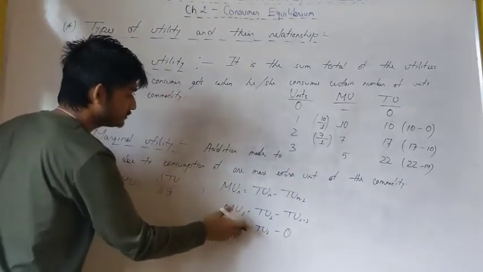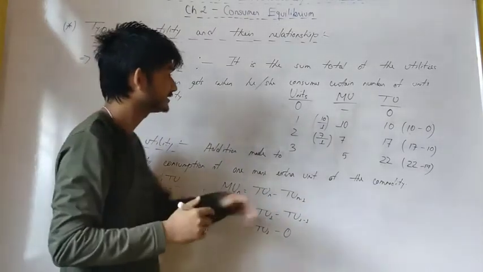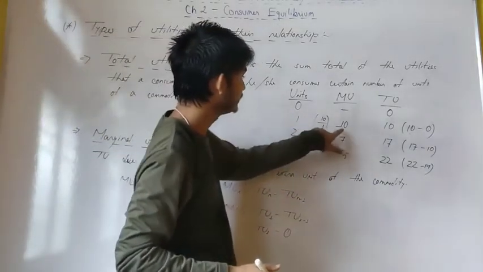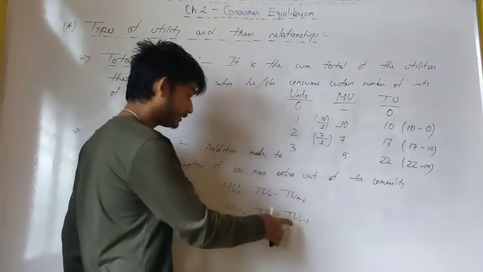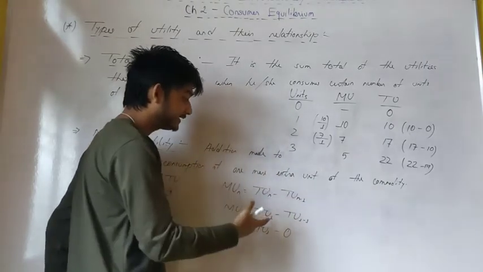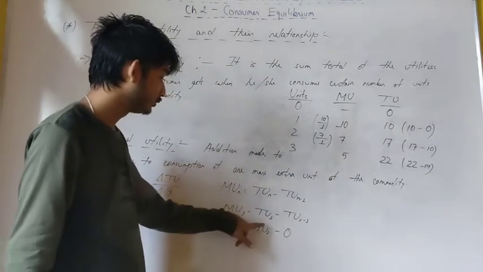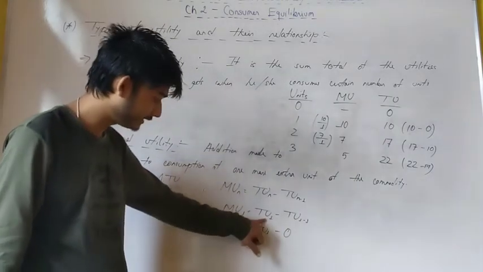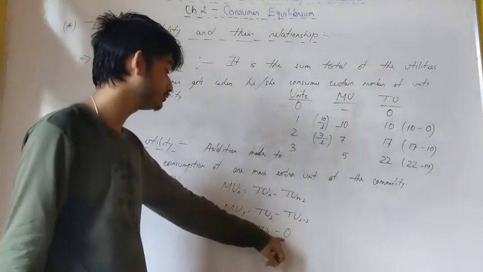So for the first unit consumed, total utility and marginal utility are the same, and here we have deducted the utility that a consumer got when he consumed no units.